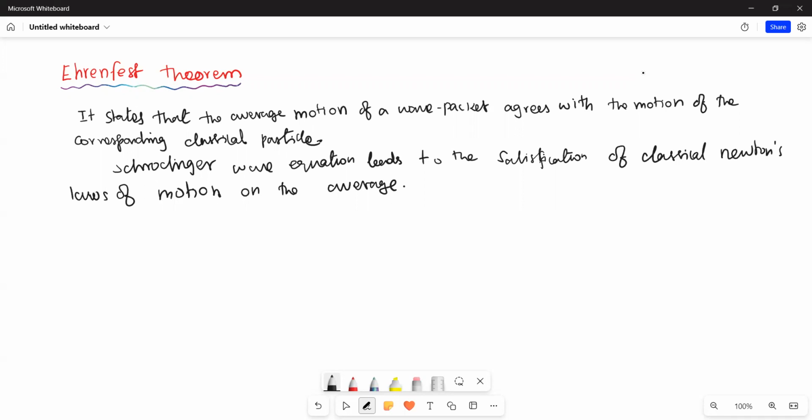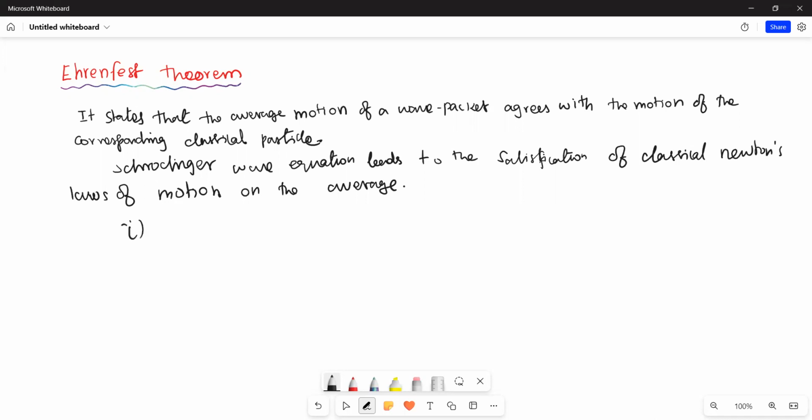Okay, so now one by one we can see the complete derivation for this Ehrenfest theorem. Two equations should be derived in this session.